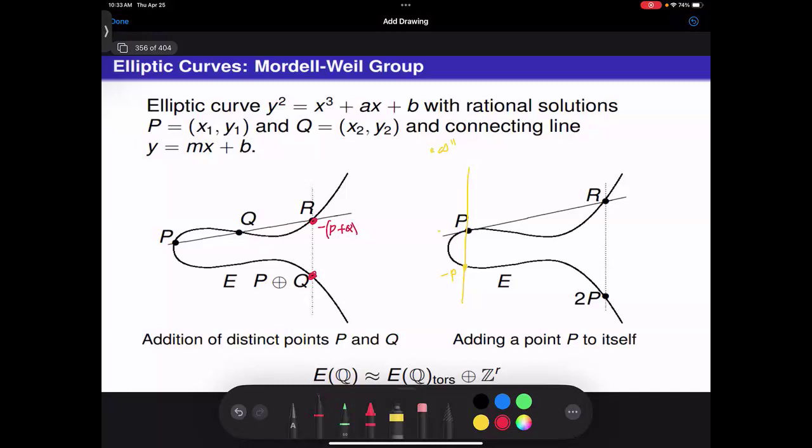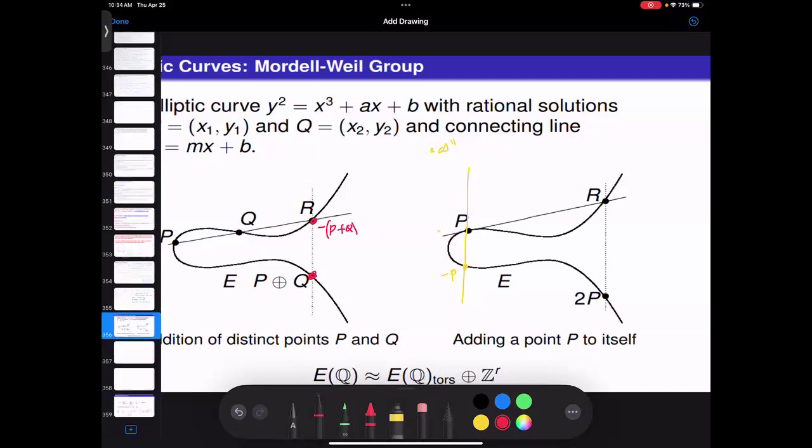So not only is this helping us to figure out what to do in the case when the point is directly below, it's telling us in some sense, here is our point at infinity functioning as the identity element. And now if I take the point at infinity and just draw the straight line, it hits the curve down here at negative P. I then reflect and I get back up to P. So this procedure really does seem to be giving me a 0 element, the identity that we need.